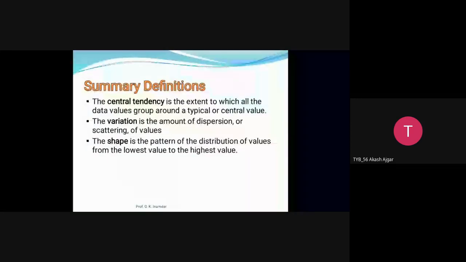Whatever variation you get, we will calculate the value of that again. The shape is the pattern of the distribution of the values from the lowest value to the highest value. We calculate that with a simple graph using different charts and find out the shape, the pattern of the distribution, from the lowest value to the highest value.